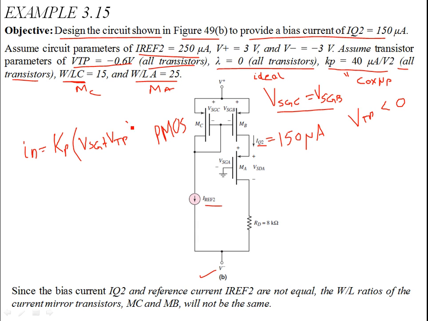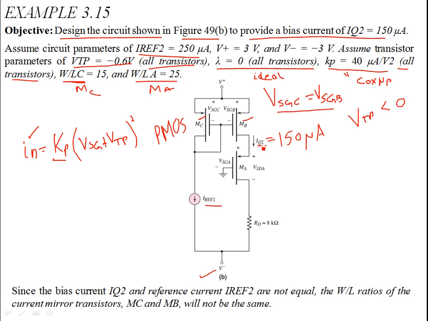Even if VTP is the same and VSG is the same, due to different KP, you have different IDs. This ID is not going to be the same. This ID is going to be different for MC and MB because the geometrical parameters are different. You will find out that this W by L for the transistors MC and MB are different.